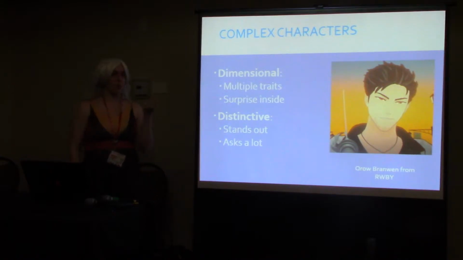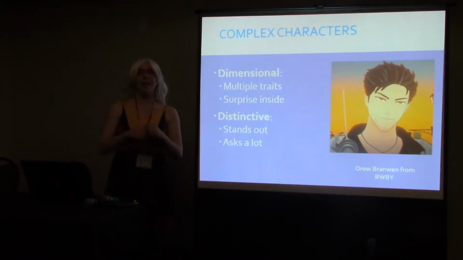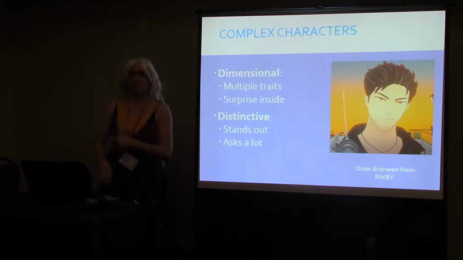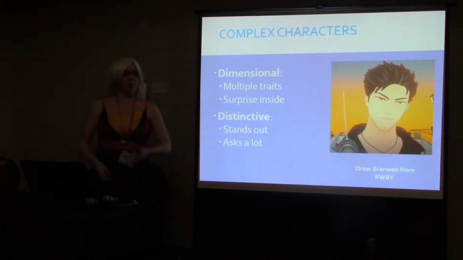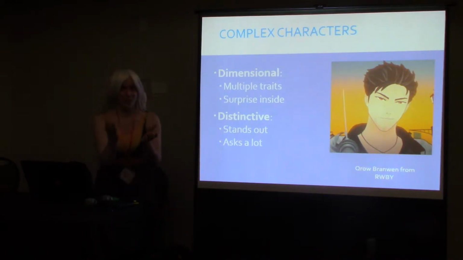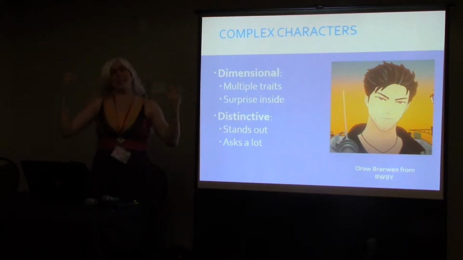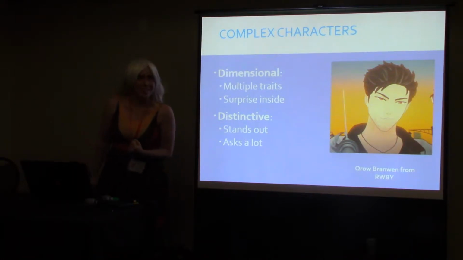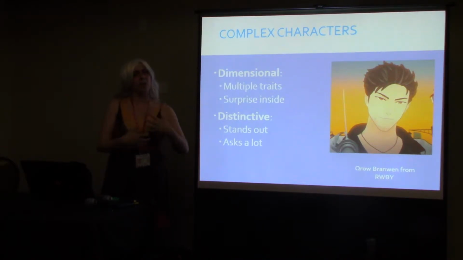So you've got someone who's a huge jerk, like 95% of the time, and they're saving kittens, starting charities, guiding children to their homes. You're like, what? What is happening? I don't understand you. But I accept this mainly because I have no choice. There's your multiple traits that don't necessarily make sense together, but they're complicated characters.